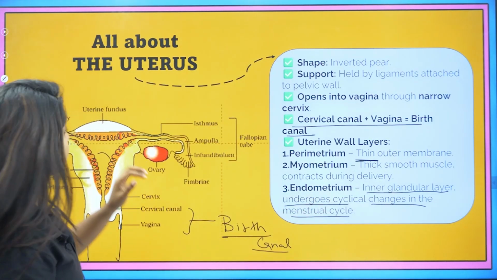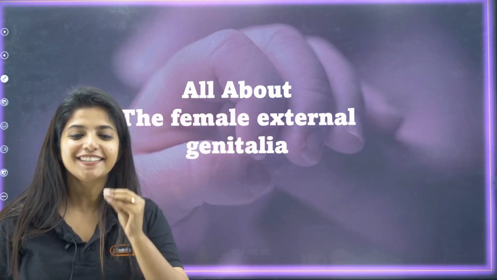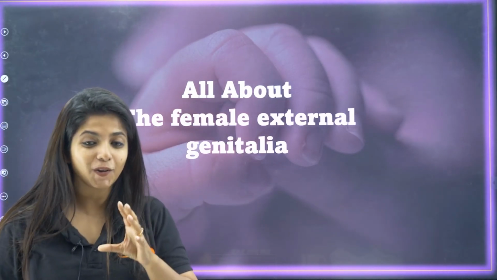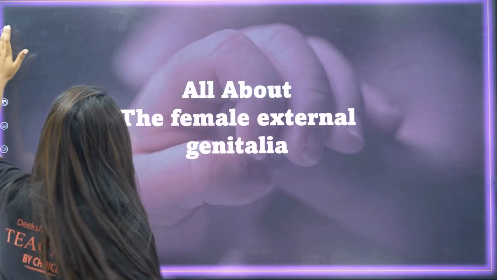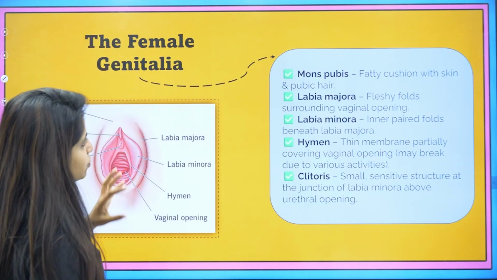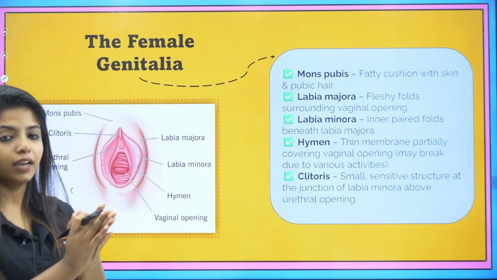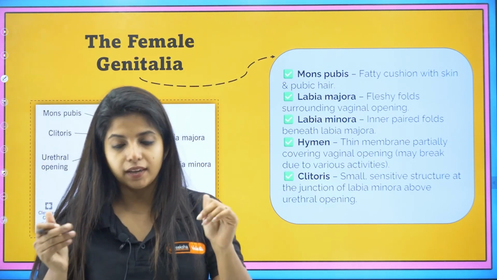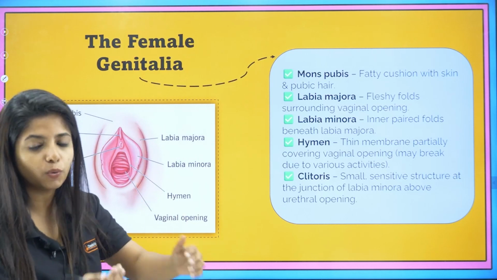Got it? Now, going ahead with the female external genital organ, which is the most confusing part. Why? Because there are so many terms and no clear picture for your explanation. So I am here with a proper picture. Now, my dear children, in the woman's body, this region is found towards the lower part, which obviously no one can see.